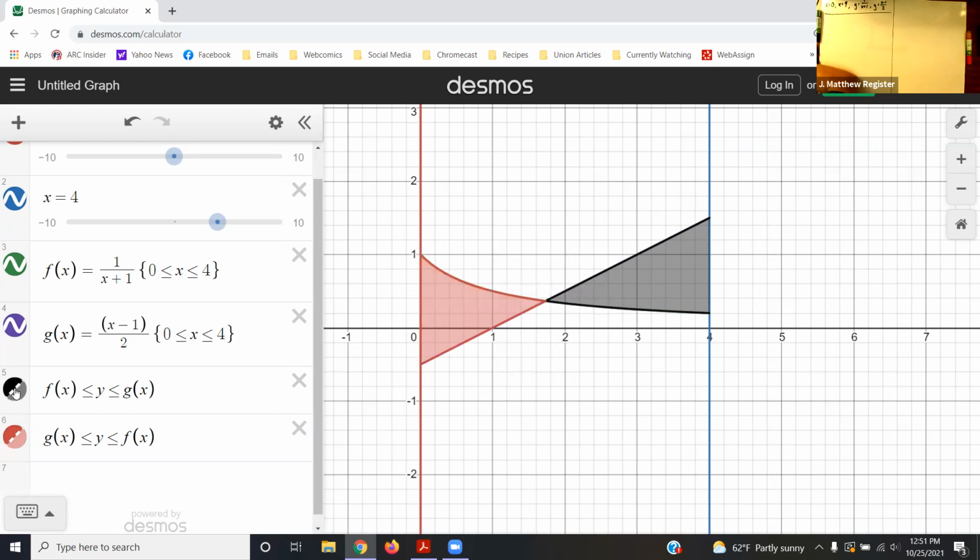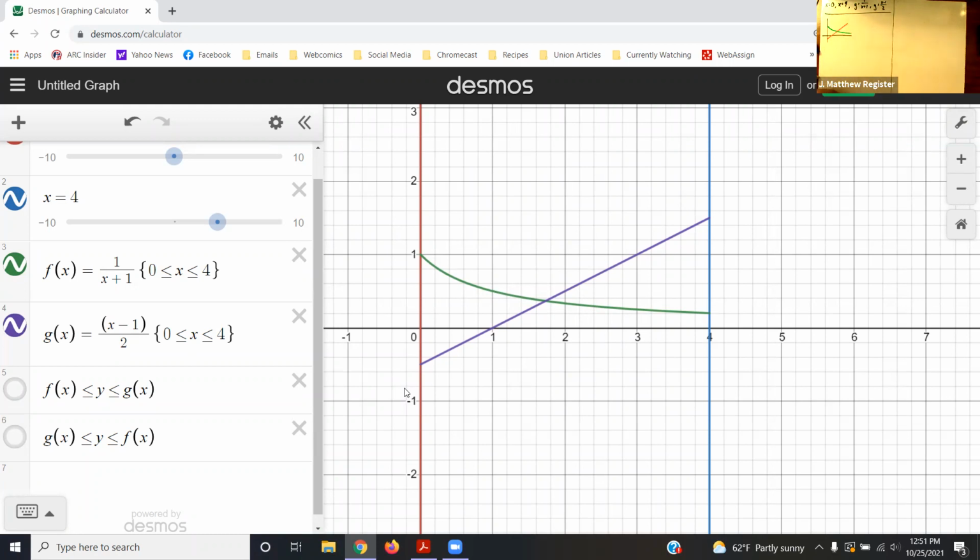The good news is, once we have that, we can figure out which one's on top and which one's on the bottom. I'll do a quick sketch on my own whiteboard so that we can at least have a visual of some form. And I'm not going to do it so that it's precise by any measure. I just want something so that I can visualize which one is on top and which one is on the bottom.